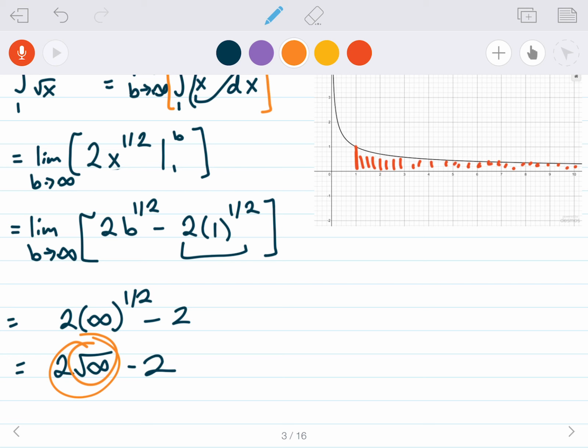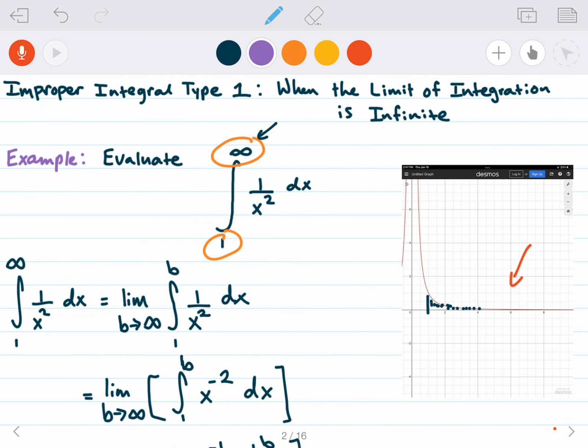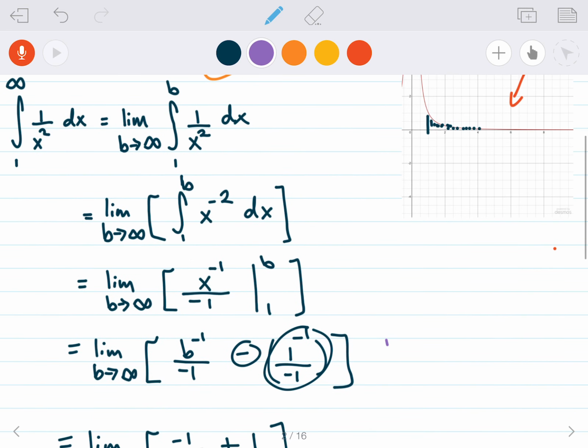So this thing is actually divergent, okay? Because this thing is getting large without bound. So this is divergent, or you can say the limit doesn't exist. It's another way of putting it. But basically, that's what this means, is that our area is infinite. Whereas in the first example, the area was finite because it converged to a number, 1.